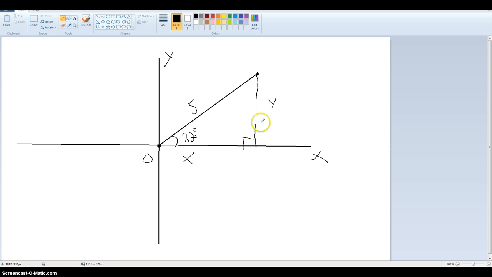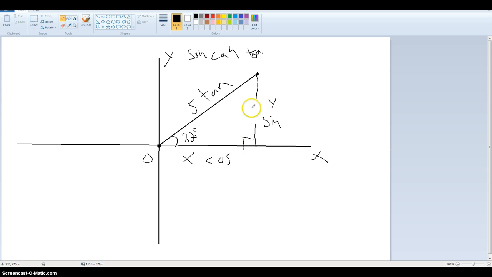The memory rule for that is SOH-CAH-TOA. So sine is opposite over hypotenuse, cosine is adjacent over hypotenuse, and tangent is opposite over adjacent.